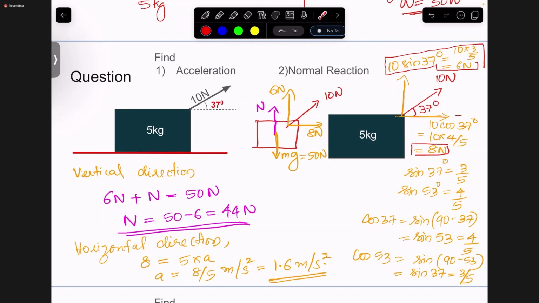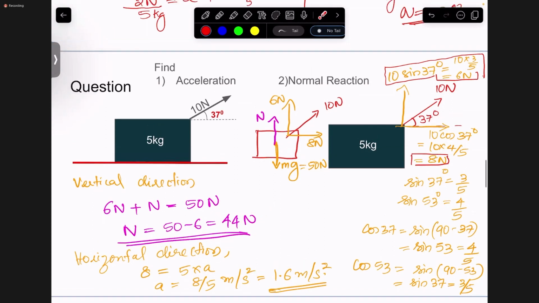So instead of keeping it rested on the surface, the entire weight of the object is not being exerted on the surface. The resulting weight exerted on the surface is this 44 Newton. So equivalent to that 44 Newton, the surface will provide a normal force. So you have found that to be 44 Newton here.